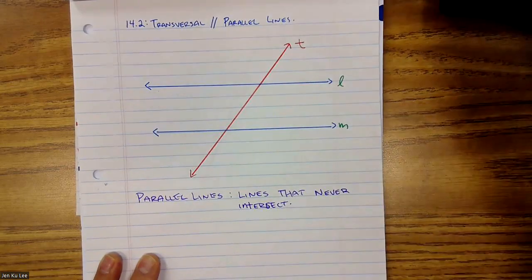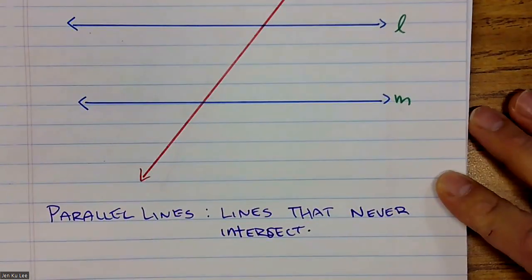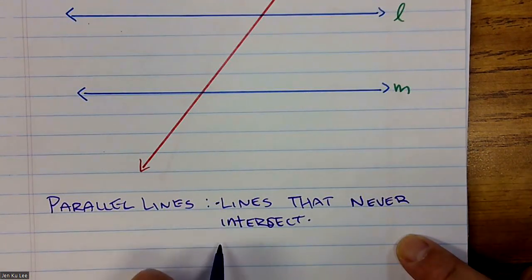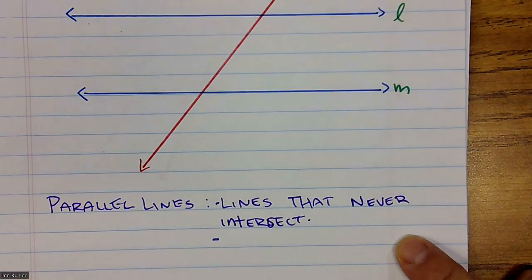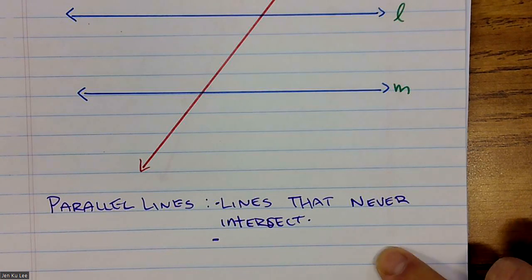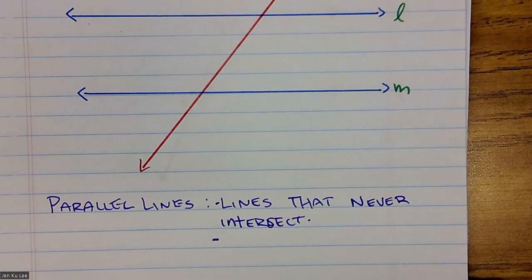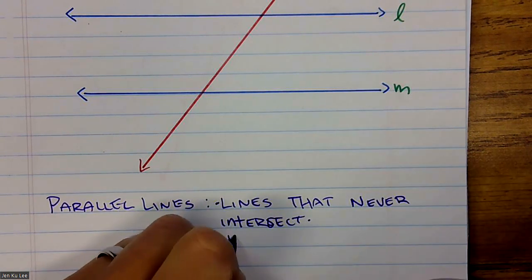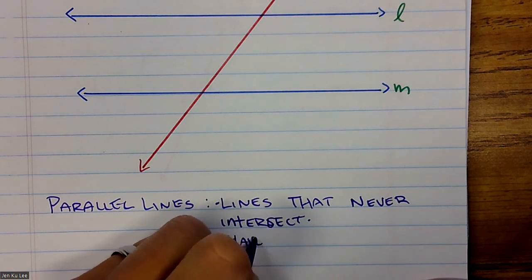And if they never intersect, then they have a couple of things I want to cover. The first trait that I want to cover is that they will have the same slope. Always, always, always have the same slope.